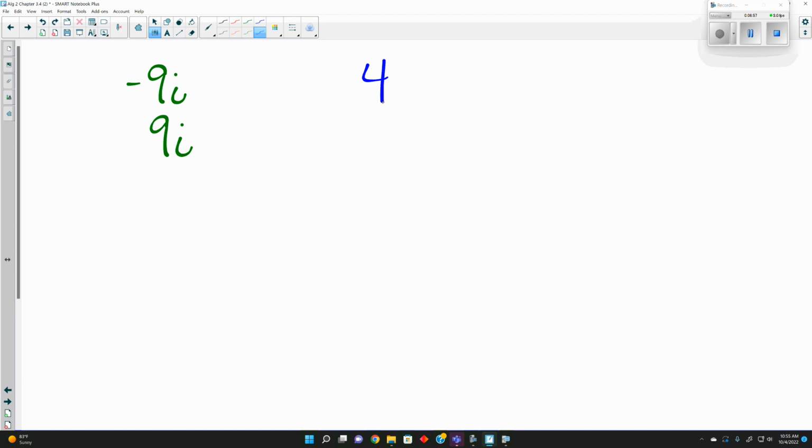The complex conjugate of 4. There is no i. So we could say that this is 4 plus 0i, which would be 4 minus 0i. But in either case, it's just 4. Questions on this here?